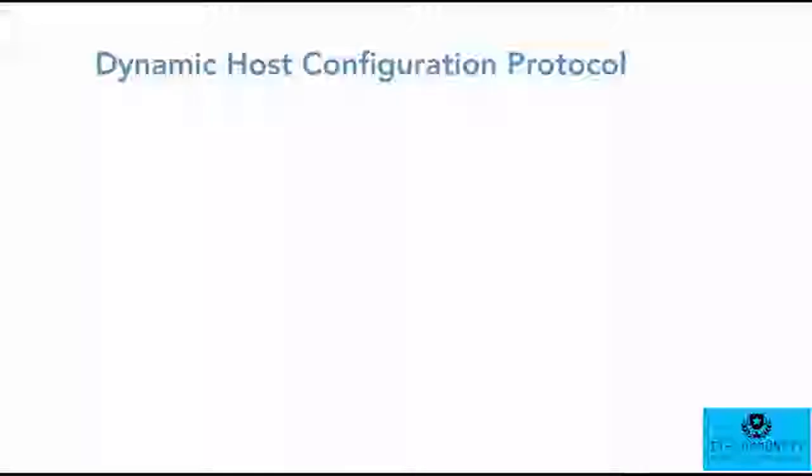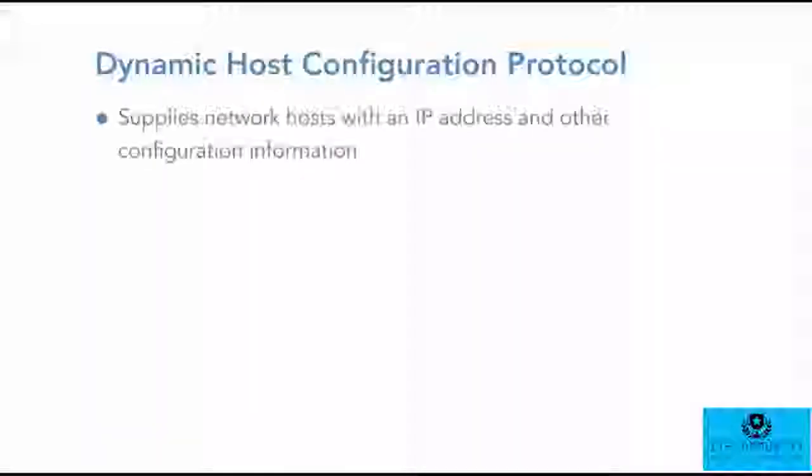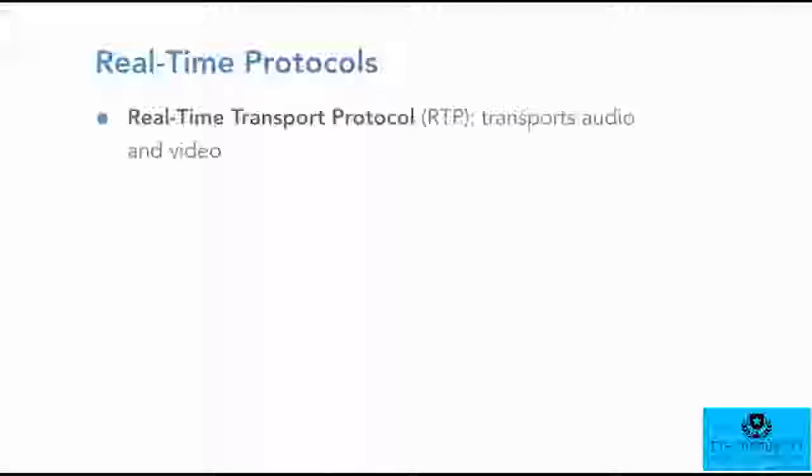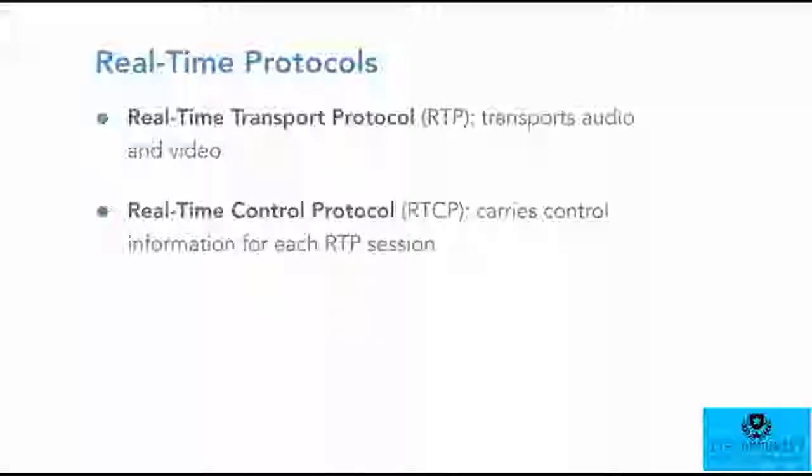Dynamic Host Configuration Protocol supplies network hosts with an IP address and other configuration information, such as a subnet mask and default gateway. Real-Time Transport Protocol transports audio and video. Real-Time Control Protocol carries control information for each RTP session.